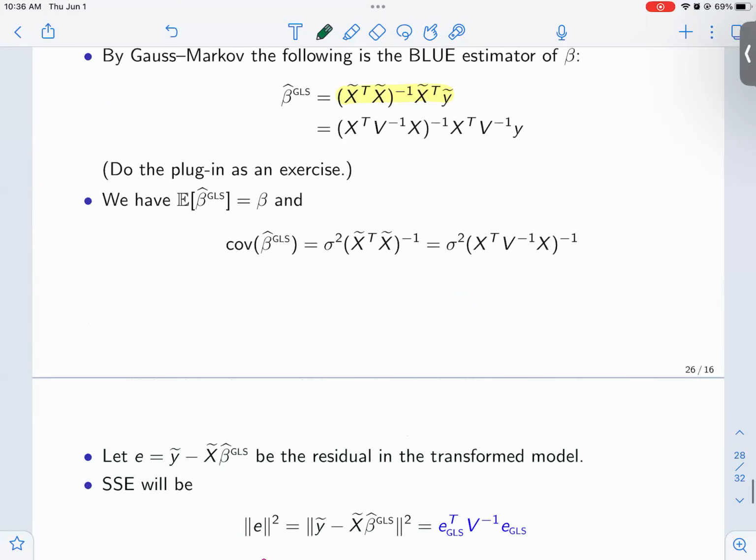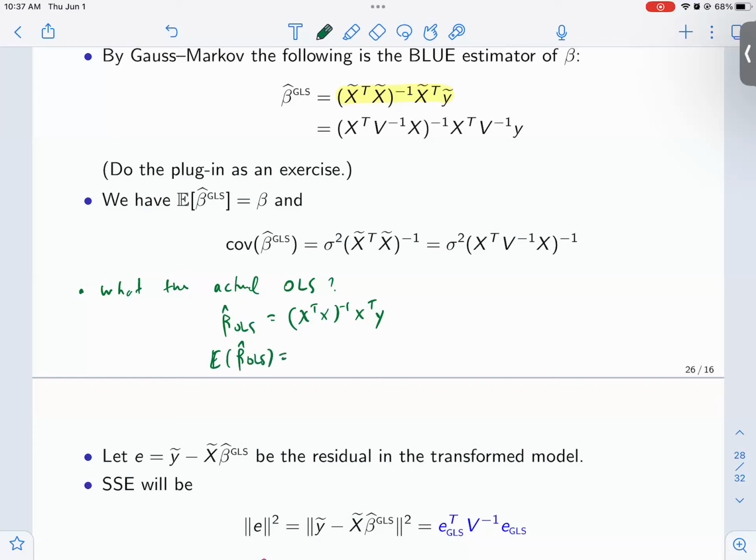In particular, what about the actual OLS in this case? I can still do beta hat OLS, which is X transpose X inverse X transpose y. It retains some of the properties, so it's unbiased.